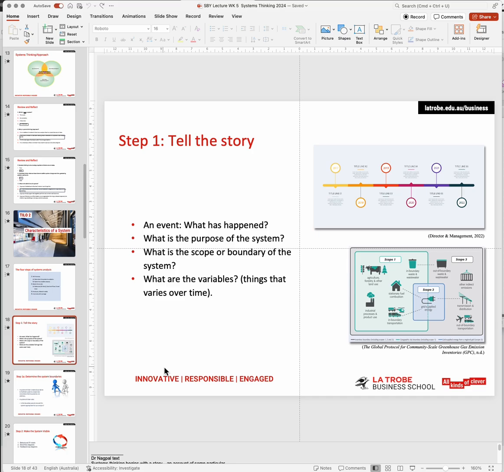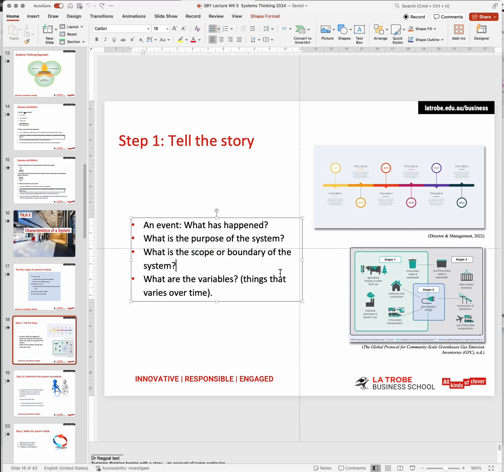All right, so let's zoom in on that. Step one, tell the story. More or less already figured this out. We've got to create a boundary here. Now, for example, in assessment 2, what we would be doing with this is saying, well, with food production, it's a huge area. I mean, agriculture is one of the largest sectors. Why?